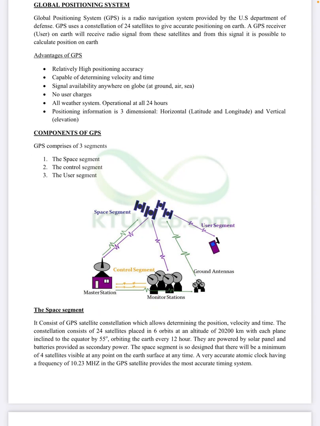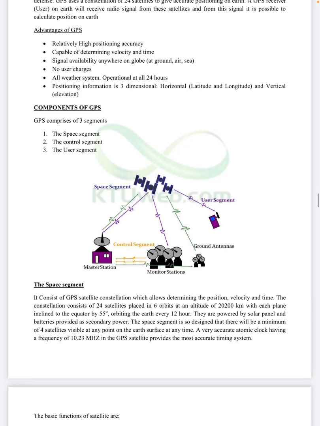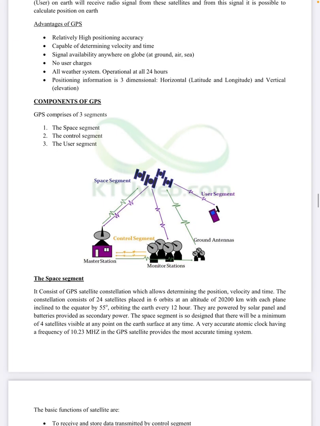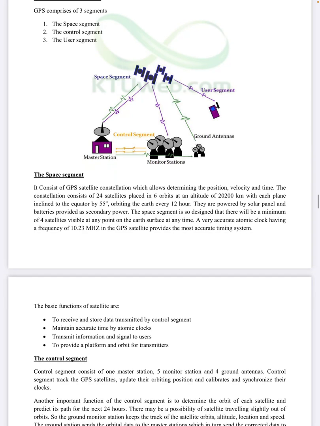The components of GPS: GPS comprises 3 segments, the space segment, control segment, and user segment. These are the main components of GPS. The first one is the space segment.